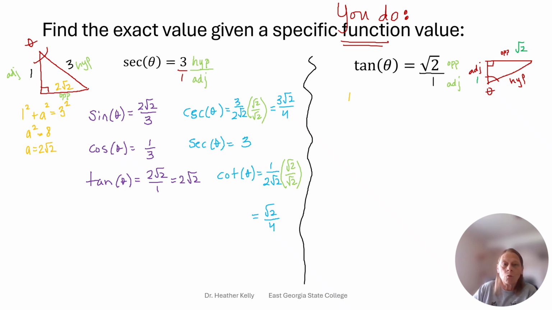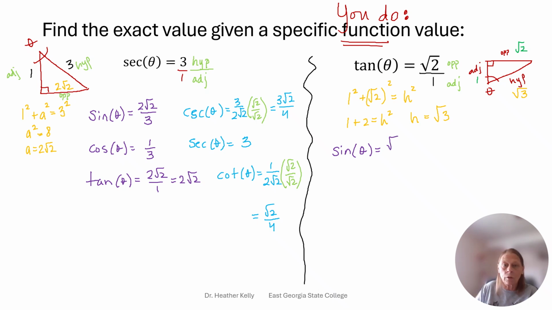Okay, we have 1 squared plus root 2 squared equals our hypotenuse squared. So 1 plus 2 is equal to our hypotenuse squared. Our hypotenuse is equal to the square root of 3. And now we can find all of our things. So our sine of theta is our opposite over our hypotenuse.